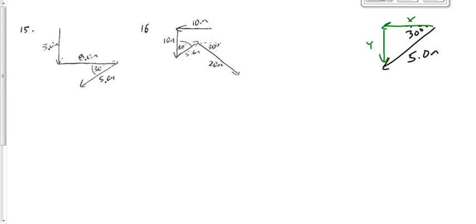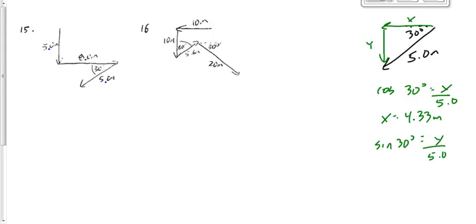X is the, Jonah, is that the opposite side or the adjacent side there, x? Good, so we're going to use the cosine function. Cosine 30 degrees is equal to adjacent over hypotenuse. And we're going to say sine 30 degrees is equal to opposite over hypotenuse.